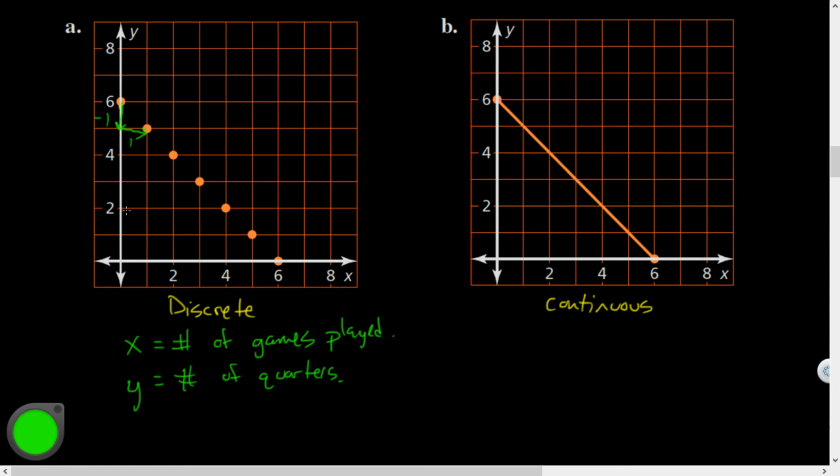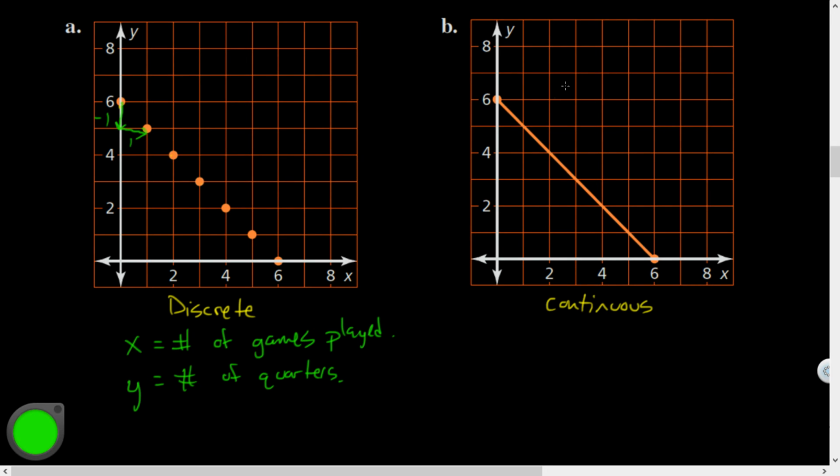Notice you'd start with 6 quarters when you play 0 games, but every game you play, you have 1 less quarter. And this would be a discrete situation because you can't pay with 1/3 of a quarter, right? Or 72% of a quarter, right? That doesn't make sense.